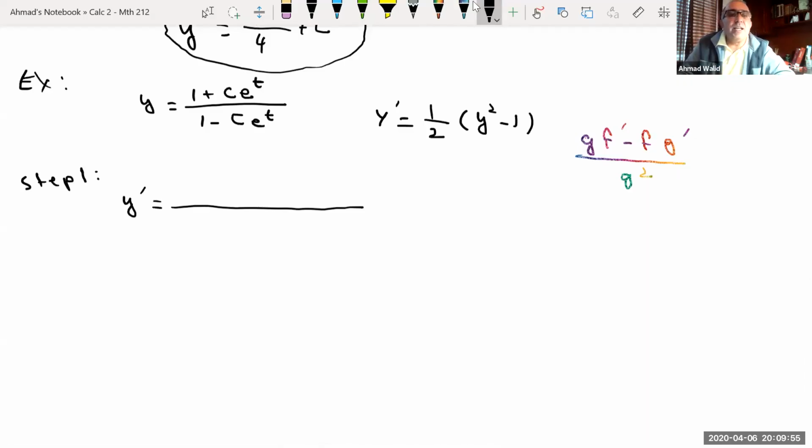Now, g means 1 minus c e to the power of t, times f prime. What is the derivative of the numerator? c is a constant. 1 is a constant, right? The derivative of 1 becomes 0. The derivative of c e to the t gives you c e to the t, over minus.